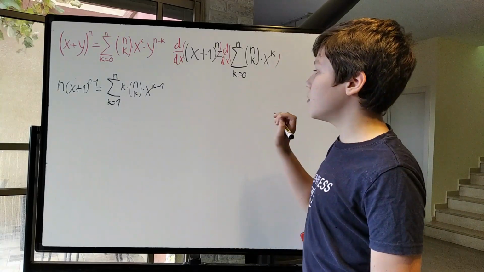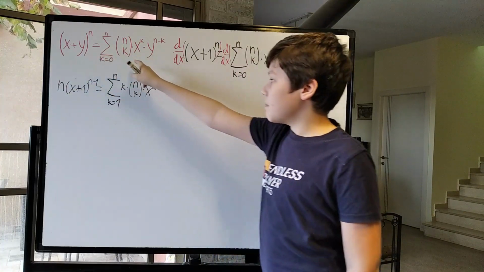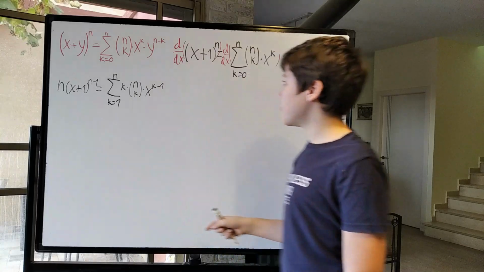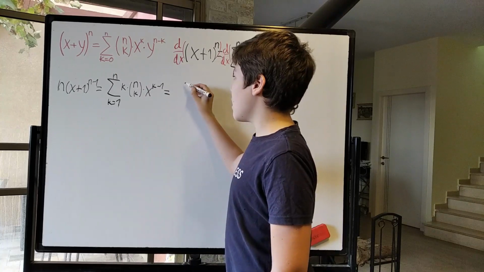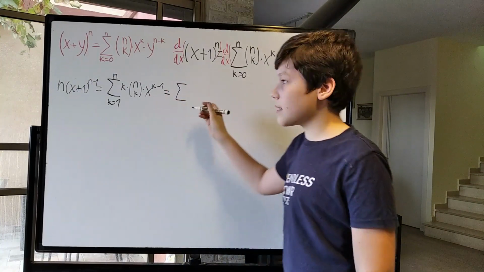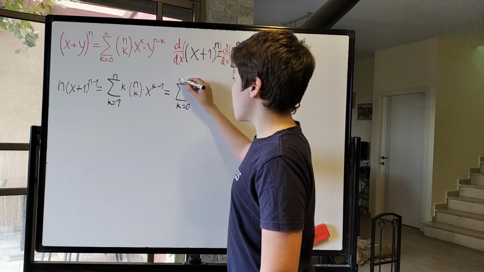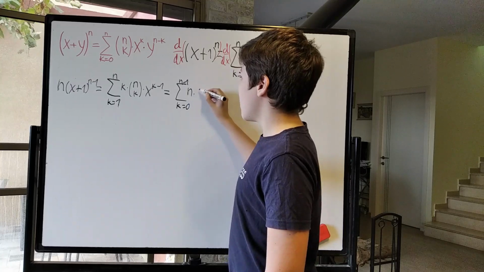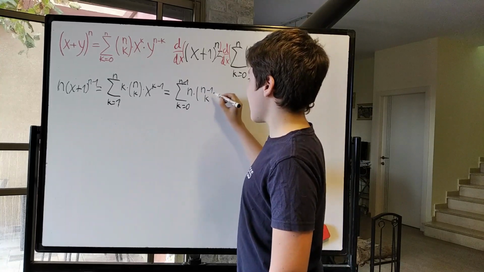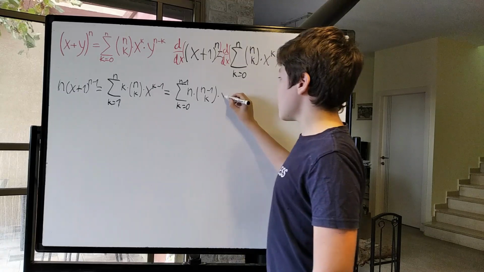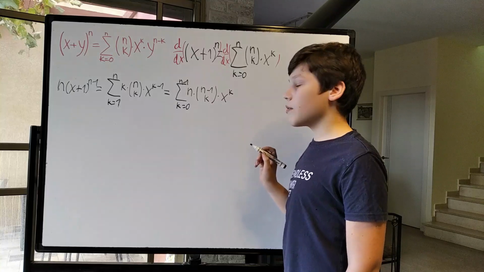Now, notice that by this formula, we can turn this into a sum. I'll put in the sum already and put the n inside. So the sum as k goes from 0 to n minus 1 of n times (n minus 1 choose k) times x^k. Now, here is what I will do.